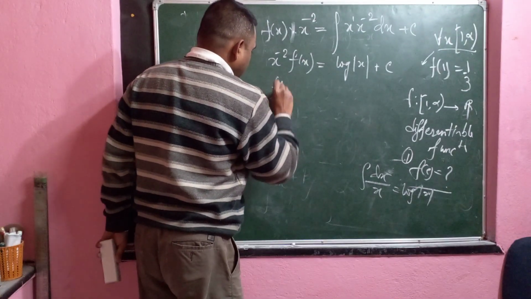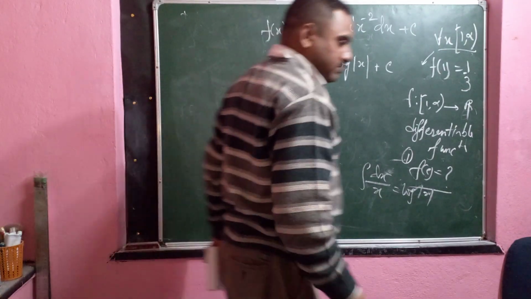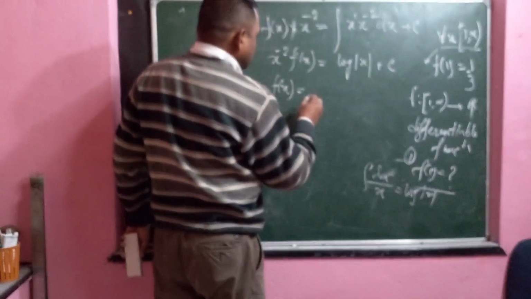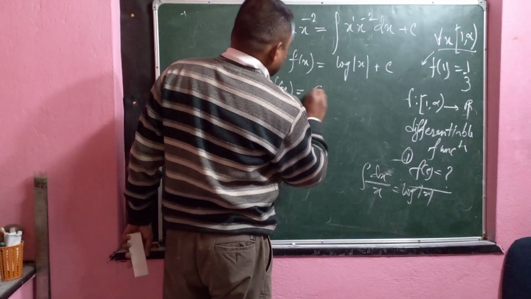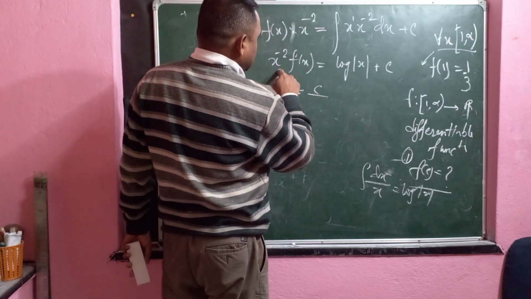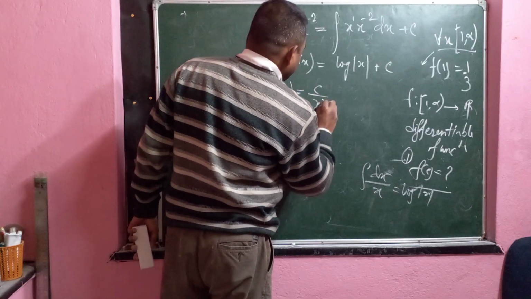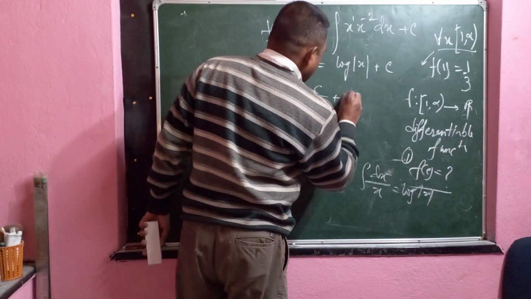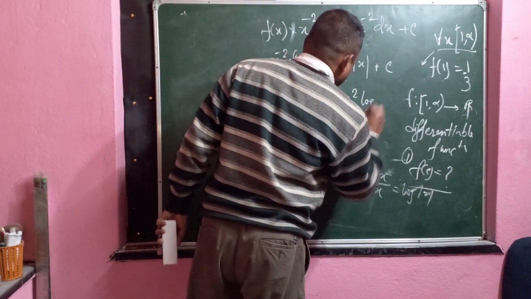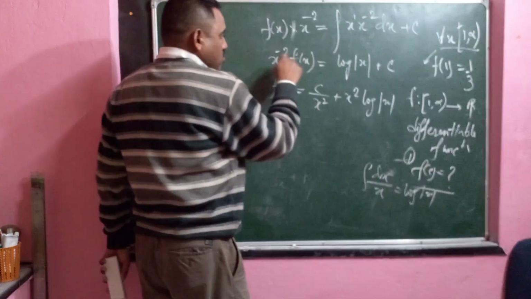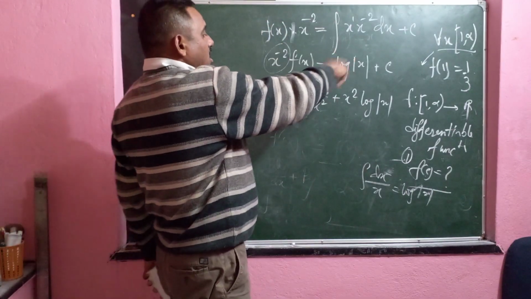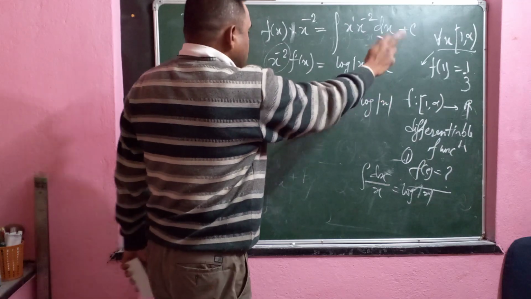So fx is equal to c by 1 by x square, so x square log x plus c x square. Why? Because it is 1 by x square basically. Now cross multiply it, that will be x square log x plus c x square.